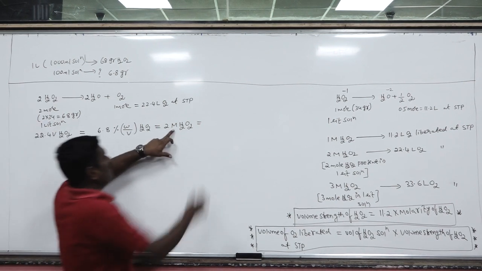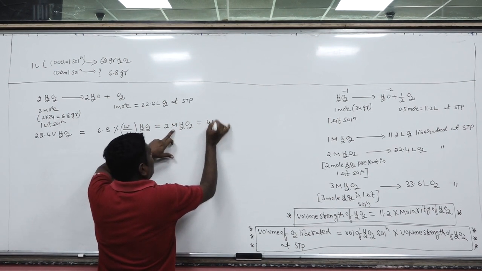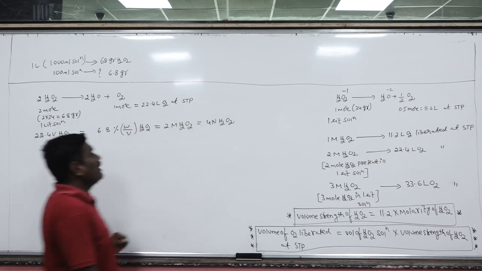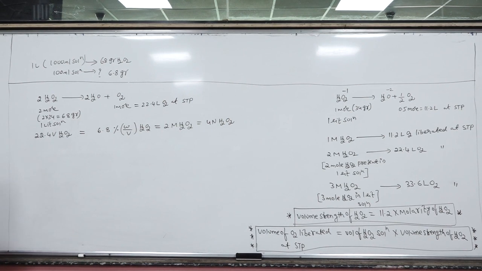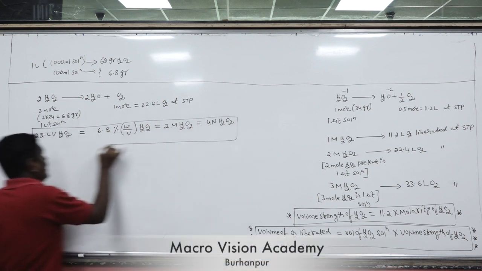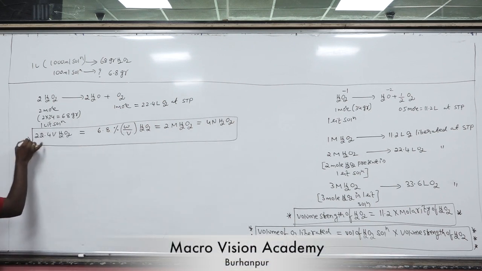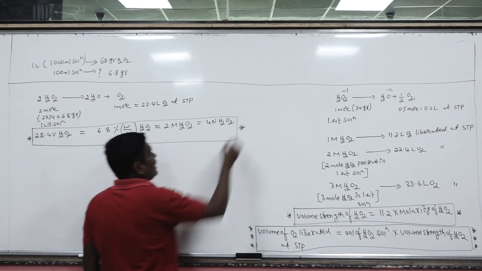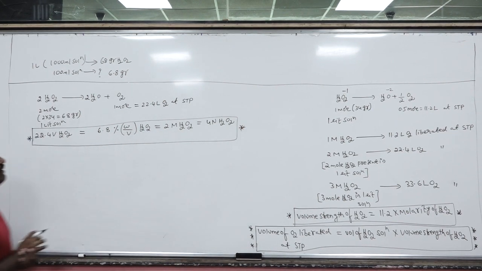If you double the molarity, you will get the normality, because H2O2 N factor is 2. So this is a very important relation between volume strength, weight volume percentage, molarity and normality. If you know this relation, we can calculate all the problems regarding hydrogen peroxide.